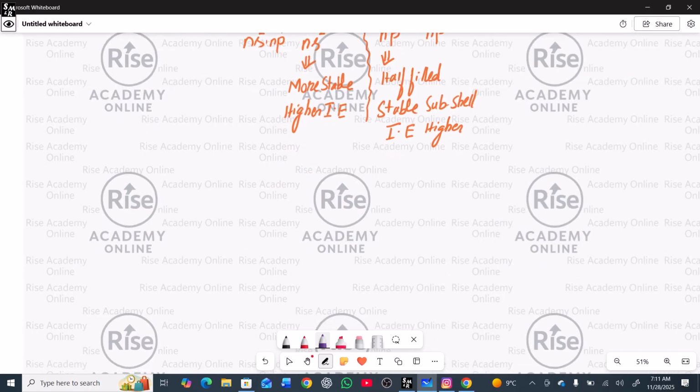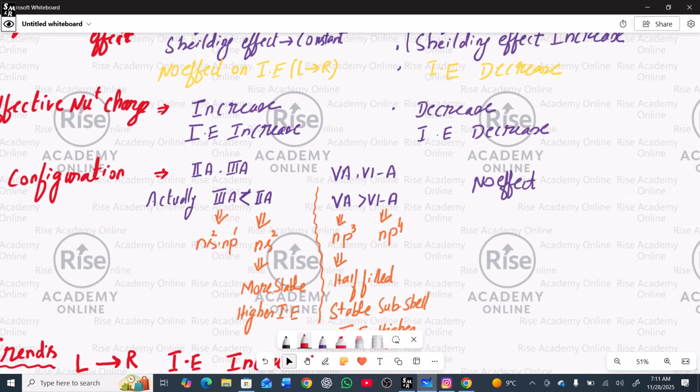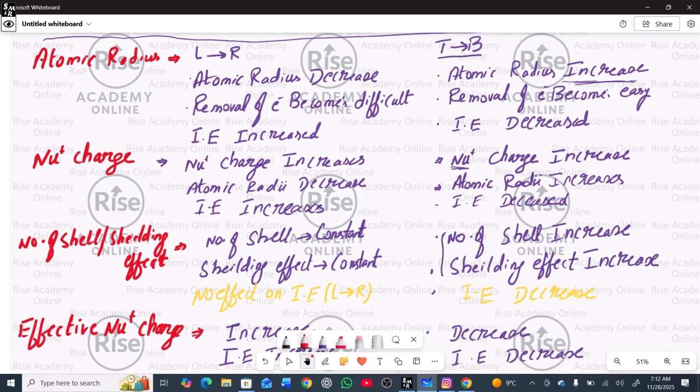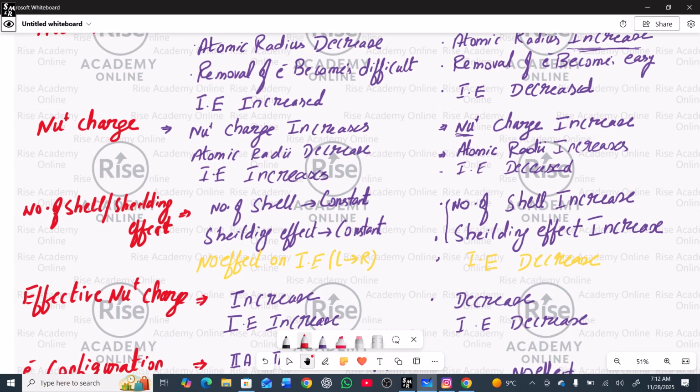So finally we are going to discuss the trends. In the light of the above discussion of factors, we can conclude that in moving from left to right, ionization energy increases. Ionization energy increases because atomic radii decrease due to the increase of nuclear charge.